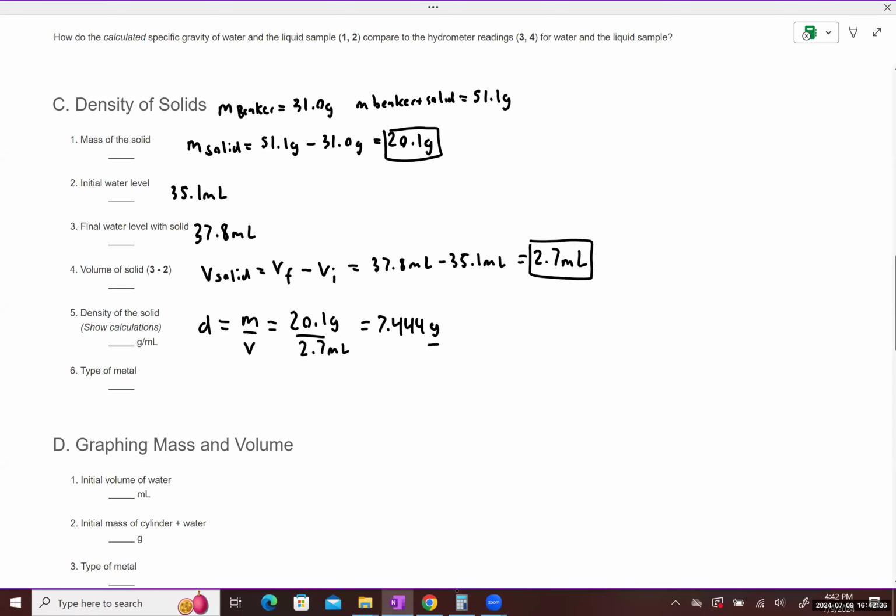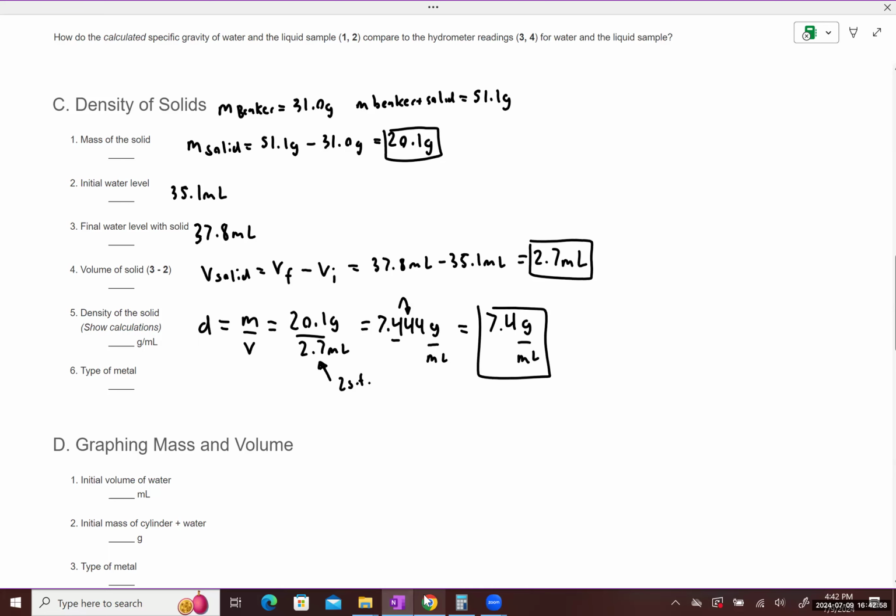7.444 gram per milliliter. But because this bottom input only has two significant figures, we're going to need to round our final answer to two significant figures. Because 4 is less than 5, we round down, and that gives us 7.4 gram per milliliter.